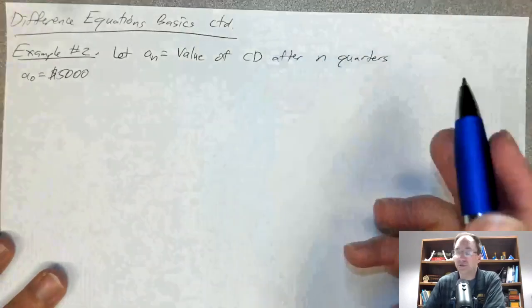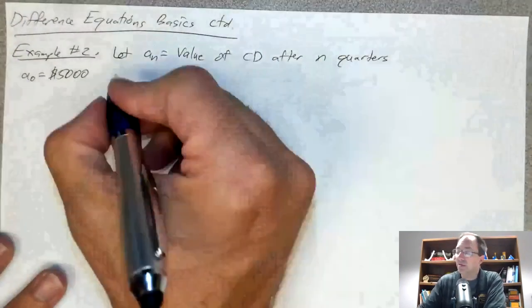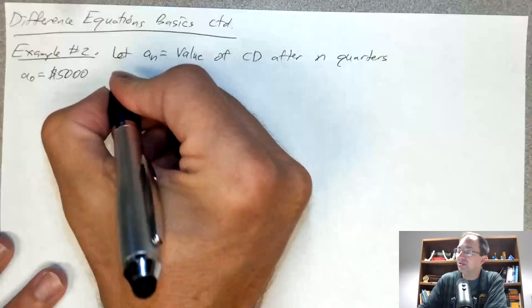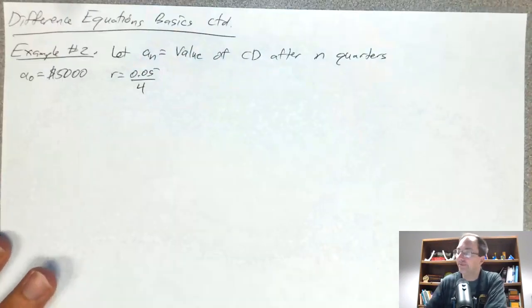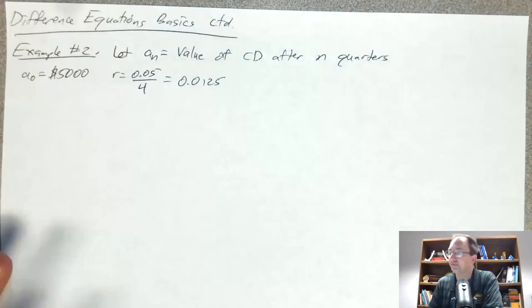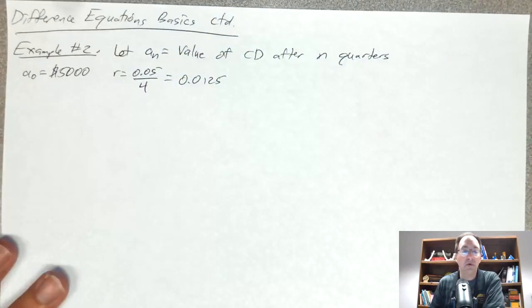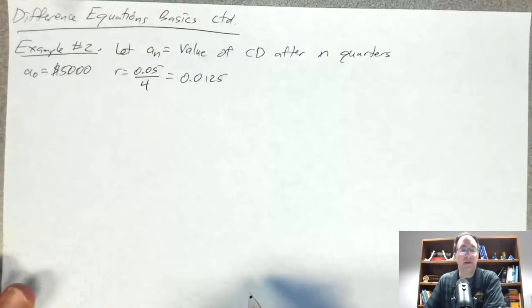And because there are 4 quarters in a year, and my interest rate is 5% annually, my interest rate per quarter is going to be that 5% divided by the number of quarters in a year. And of course, that works out to 0.0125.